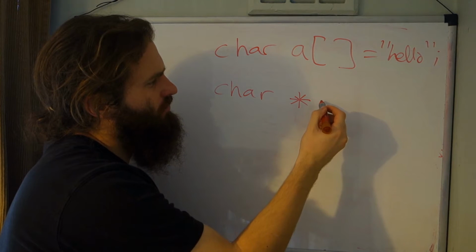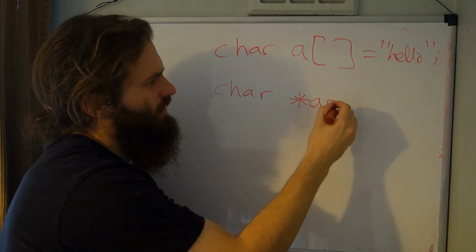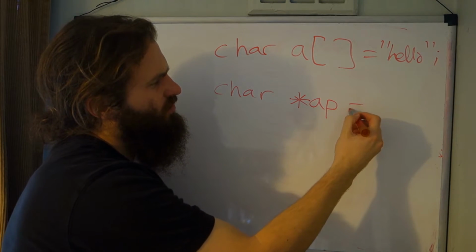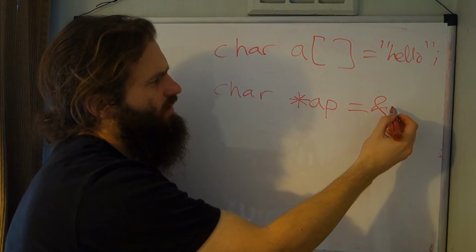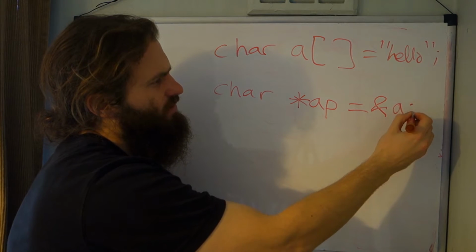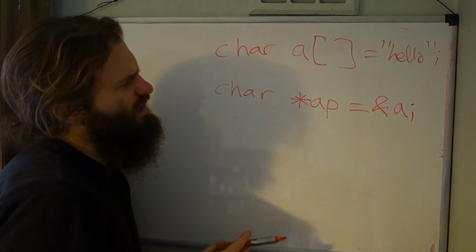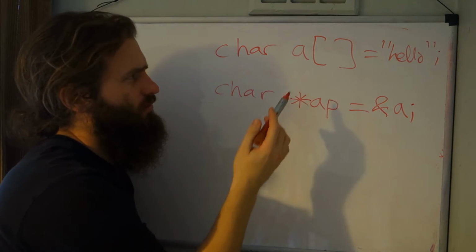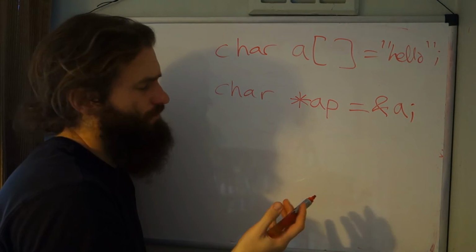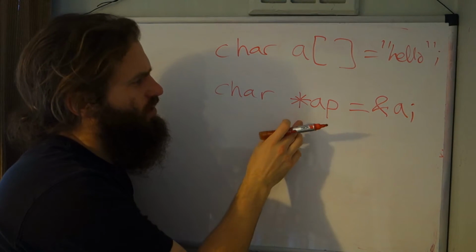So we might have AP, and we use this address operator that we looked at in the arrays, and we can take the address of A. Now that will actually take the address of the first element of A, which is A. Then we can pass that around.